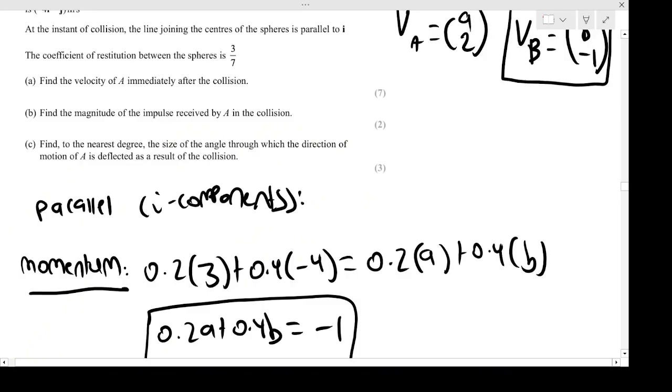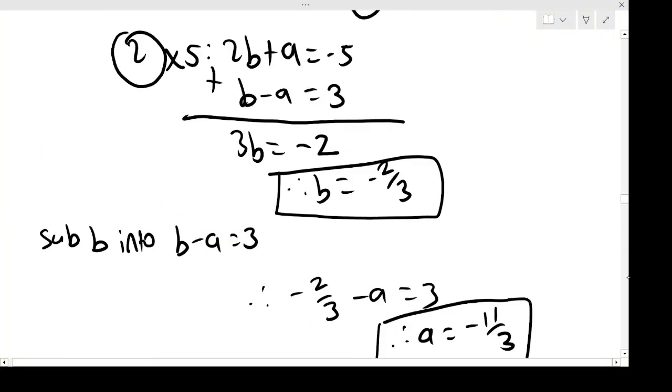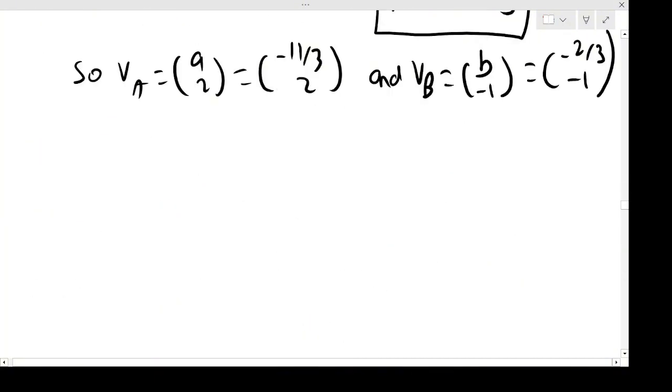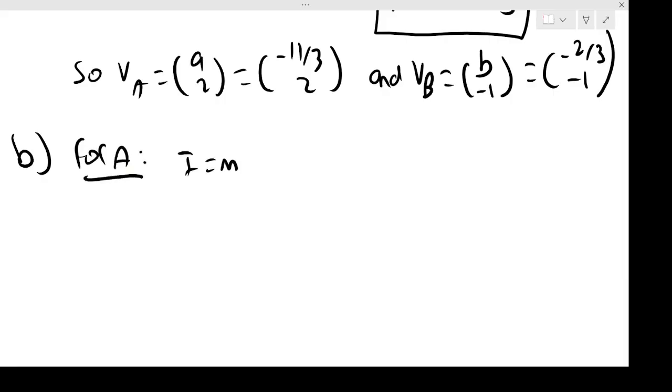So that's the velocity for A, and then for part B, what's the impulse for A? Okay, so now the impulse for A, but again, the impulse is equal, so you could actually consider B if you wanted to, but let's just do it for A. So impulse, again, my standard formula is mv to equate mu.